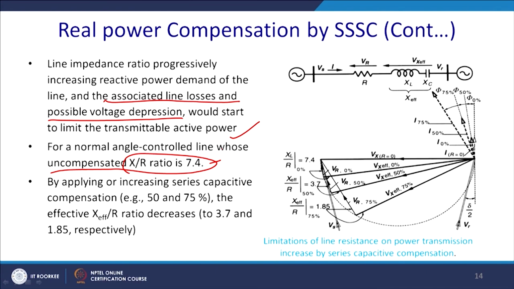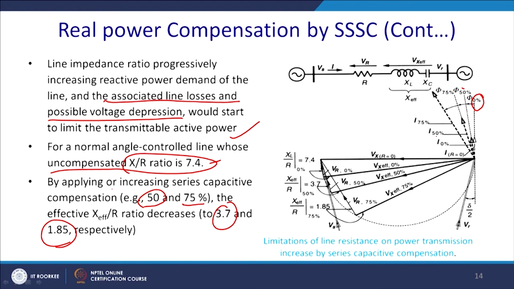And now let us understand the phasor as well as the circuit. By increasing the series capacitive compensation, let us say 50% or 75%, the effective X by R ratio gets decreased to this percentage as well as this percentage. Then what will happen? See that this is phi equal to 0, this is the compensation, this is 75%, this is 50%.